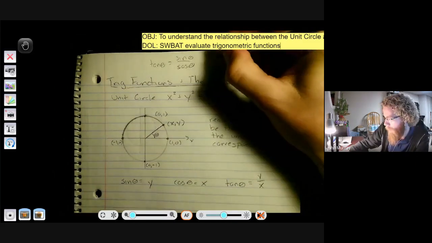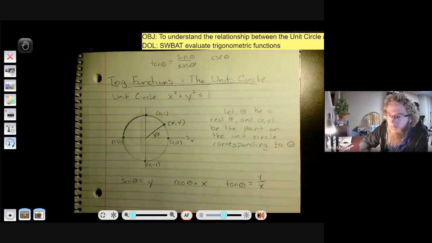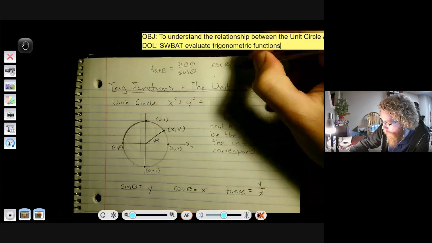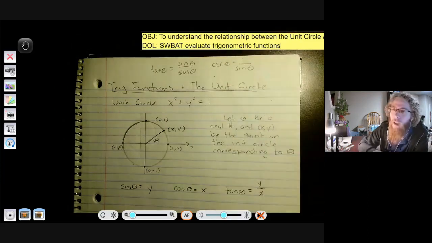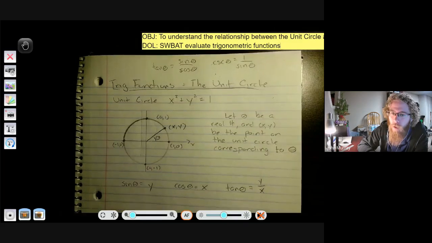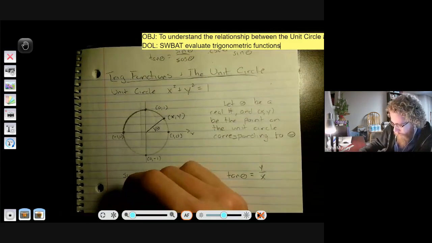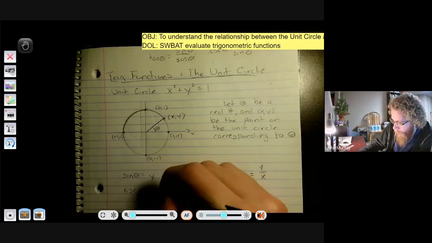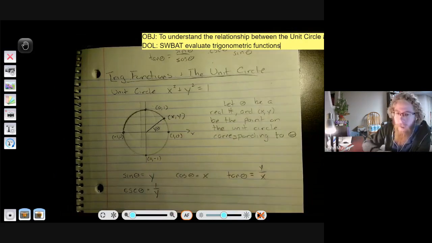Okay, so we also have cosecant, which is the, I don't want to say inverse, but the reciprocal of sine, right? Cosecant is 1 over sine. So on the unit circle, if I want to find cosecant of my angle, it's just going to be 1 over y.